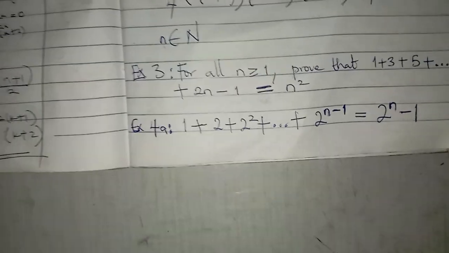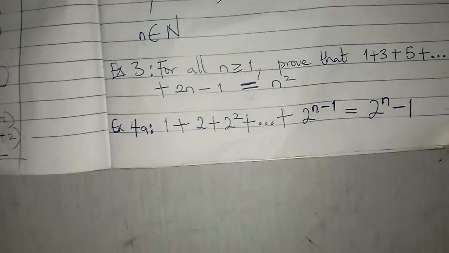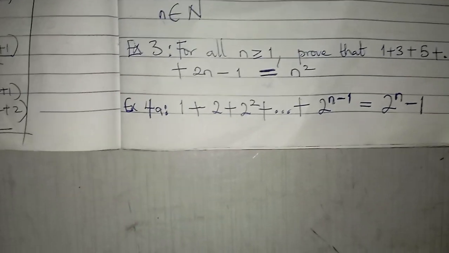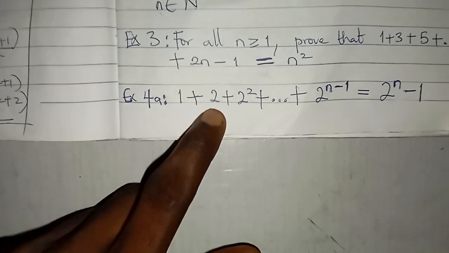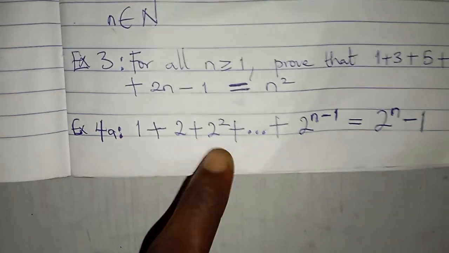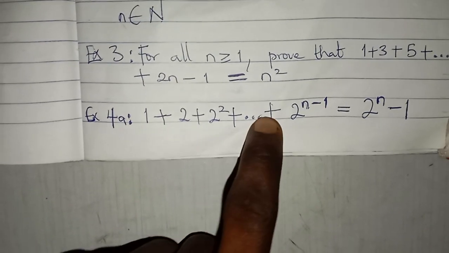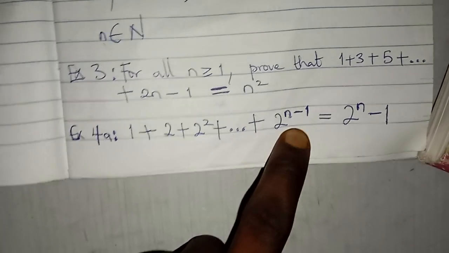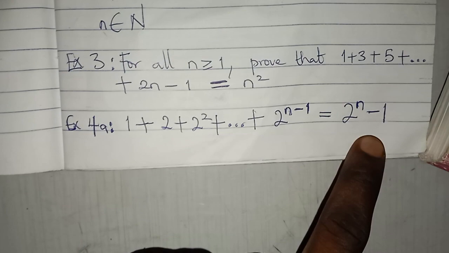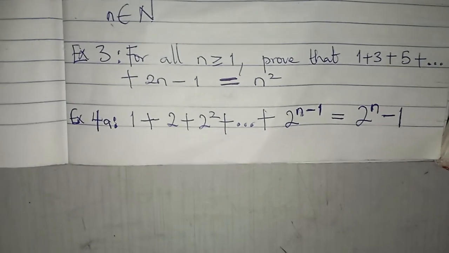The next question says, prove, yes, let's check the one we just finished. It says 1 plus 2 plus 2 squared plus, and so on, plus 2 raised to power n minus 1 is equal to 2 raised to power n minus 1, that we should prove it.